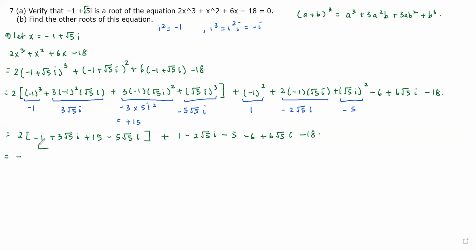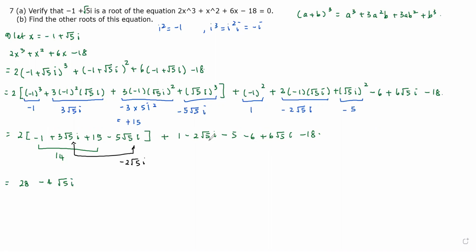Never mind, before we distribute the 2, this will give us 14, and the other 2 here will be -2 square root 5i. Two times 14 is 28. Then we have -4 square root 5i.